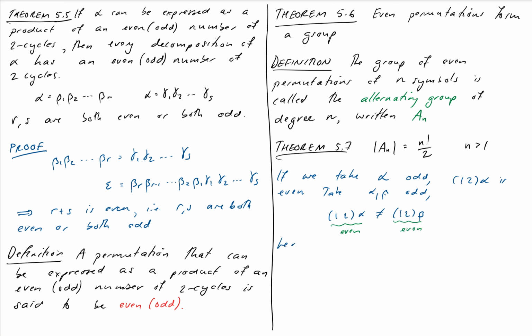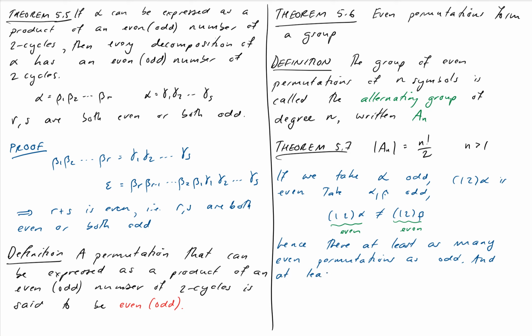Hence, there are at least as many even permutations as odd. Same logic works the other way, and at least as many odds as evens.